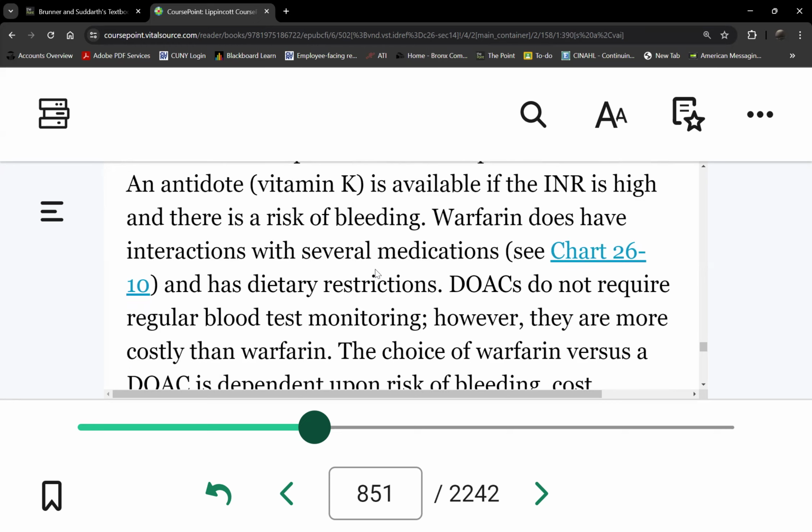No, warfarin is the anticoagulant. What was it about the circulating clotting factors?